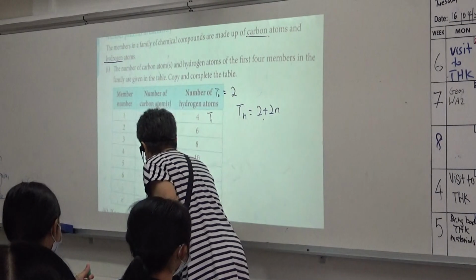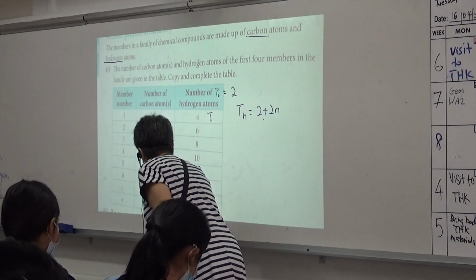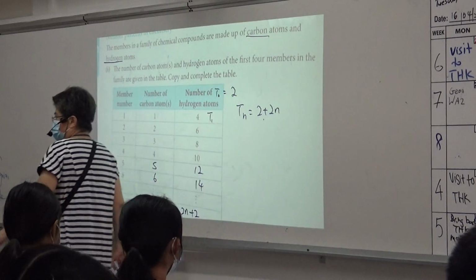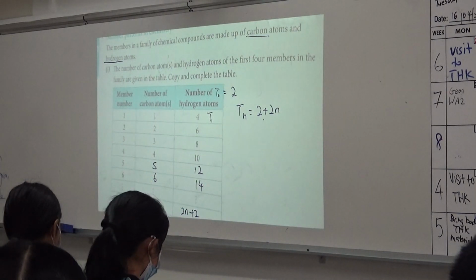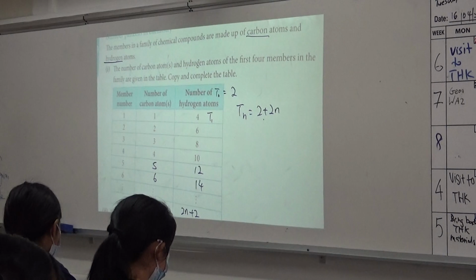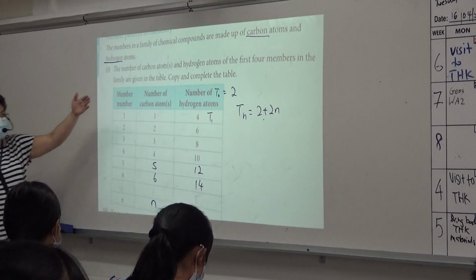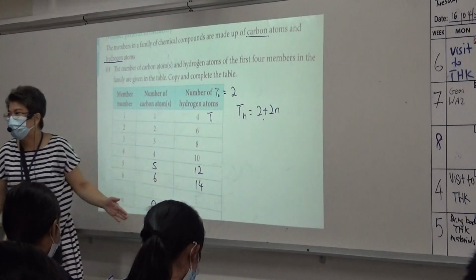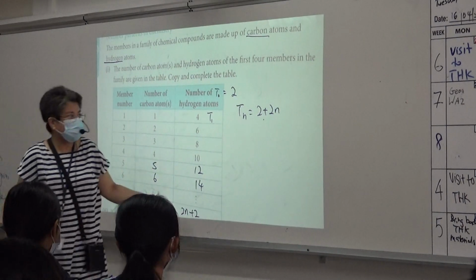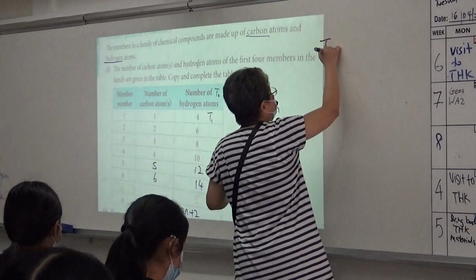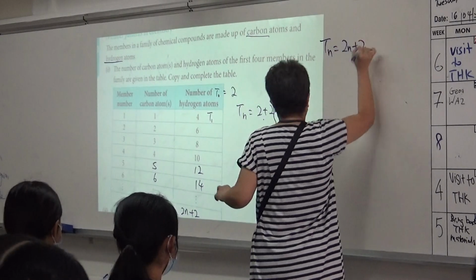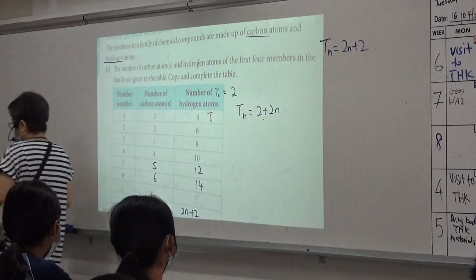So, you can write down here 2n plus 2 or 2 plus 2n. Are you clear? It's following what I have taught you. Just that now, the term 1, term 2 is written vertically. Are we clear? Okay, so we know that the nth term is 2n plus 2, right?